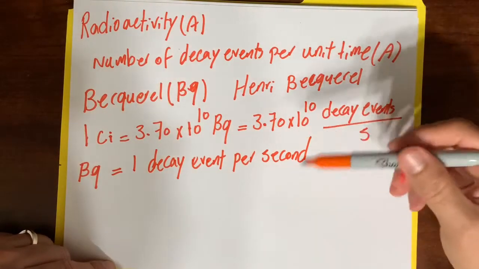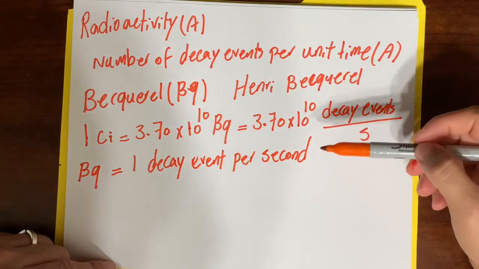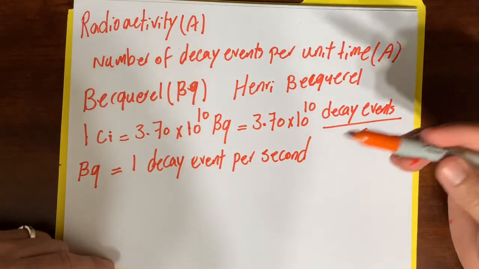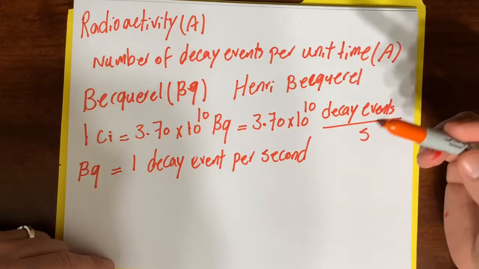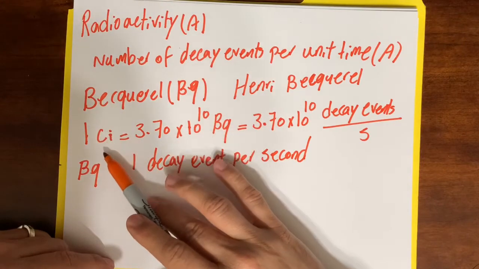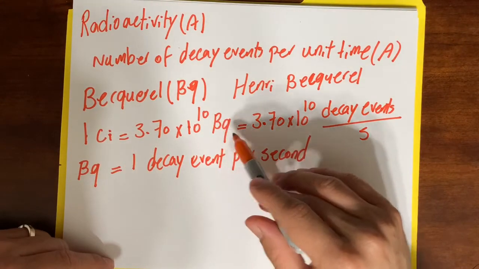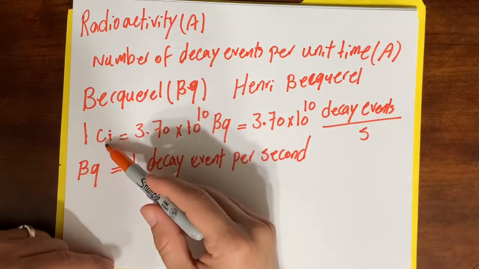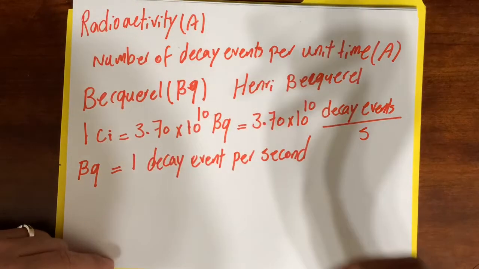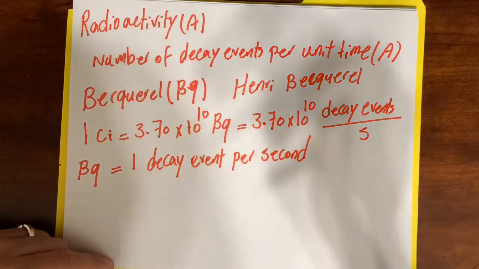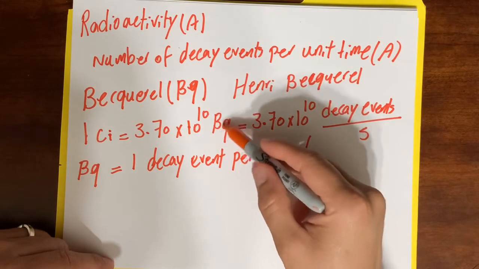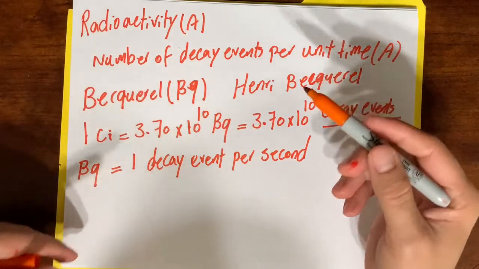So from now I'm going to use this unit and try to connect them to mass or rate of reaction. So we know that we have the curie unit, we have the becquerel, and the curie unit came after Marie and Pierre Curie, and is way bigger than the becquerel, and this is the common unit that we use.